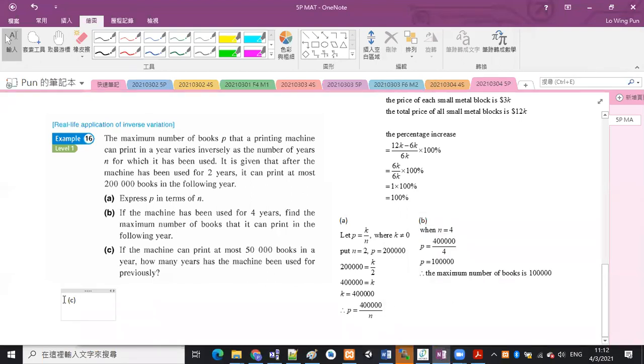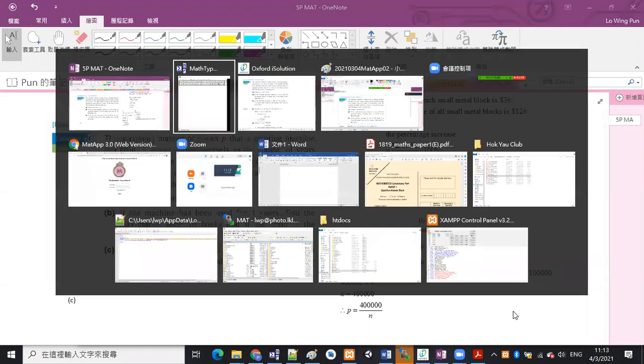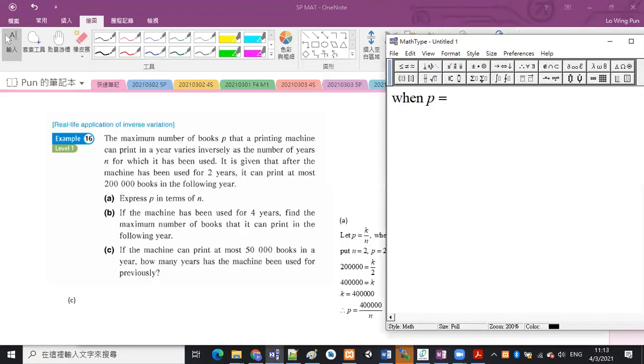If the machine can print at most 50,000 books in a year, how many years has the machine been used for previously? 咁今次係咪最多 print 到5萬本書嘅話咧？咁呢一部機係已經用咗幾多年咧？咁樣樣，即係今次係俾咗個 P 你 ，P 等於5萬你，叫你揾翻個 N 出嚟啦，係嘛 ？OK， 咁咪一樣做咯。So when P is equal to 50,000, then we just put this number into our equation.